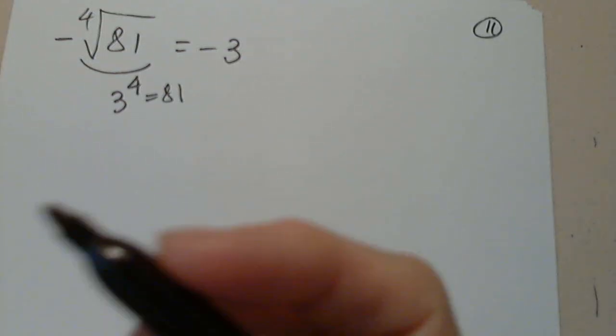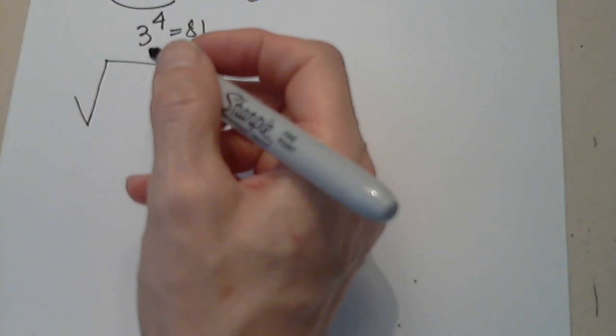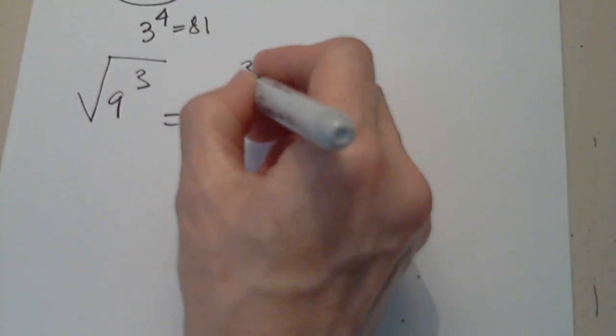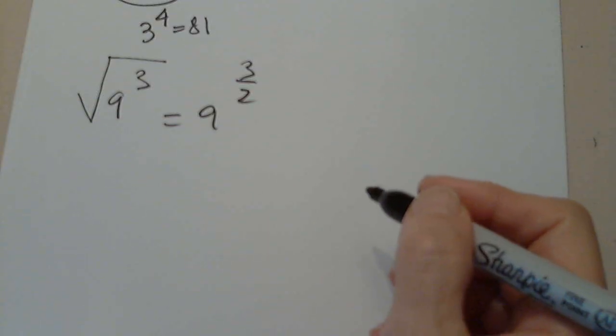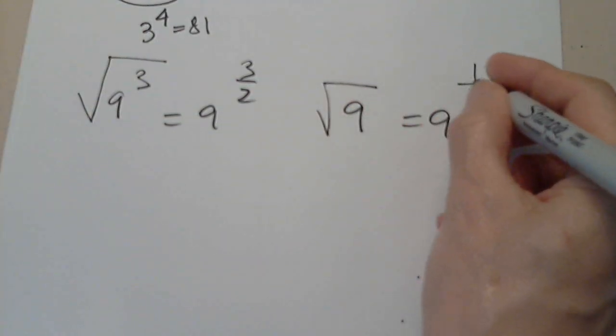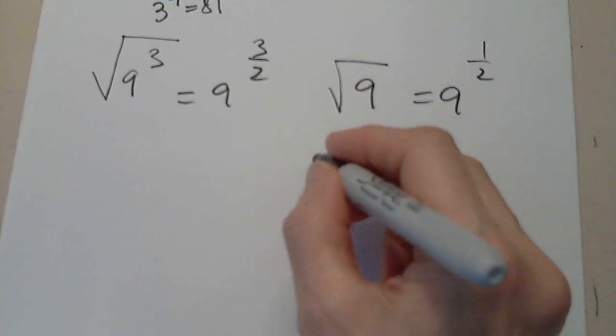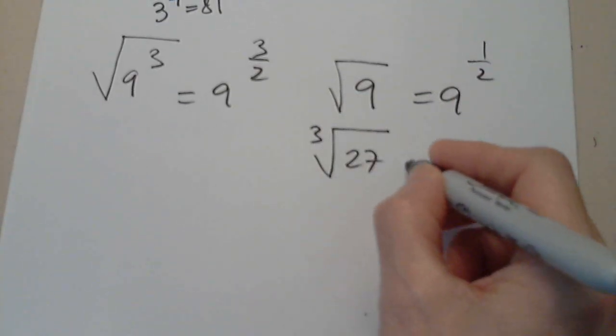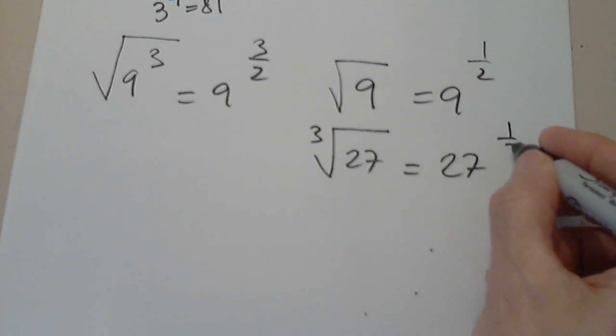So if I'm asked, for example, to find the square root of 9 to the third, then I have 9 to 3 over 2. But if I only have the square root of 9, then it's 9 to 1/2. If I only have the cube root of 27, then I have 27 to 1/3.